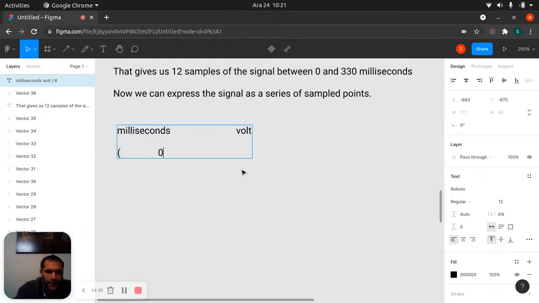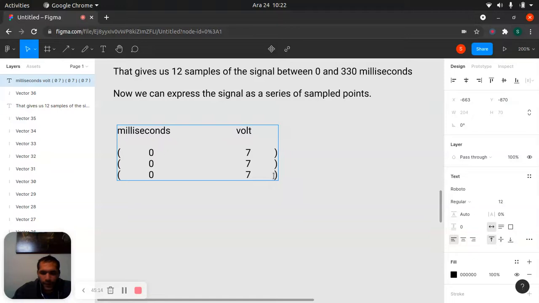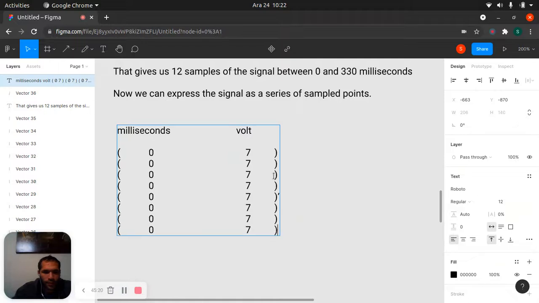It's like 0 representing 7 volts. Let's take this example from here, let's go inside it and do more. This one is 0. This one is 30.